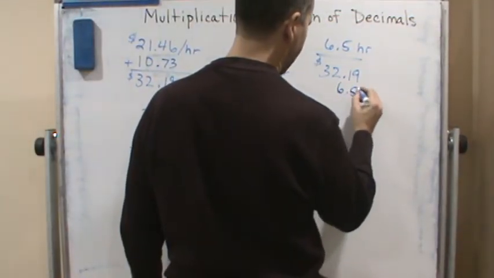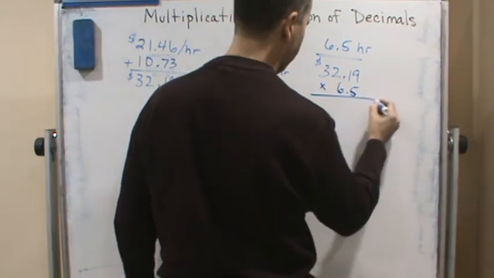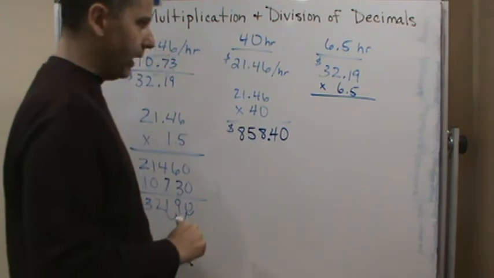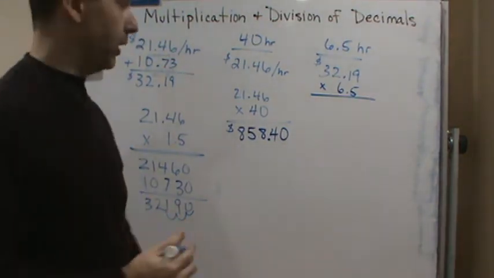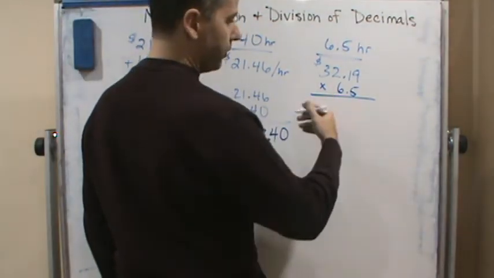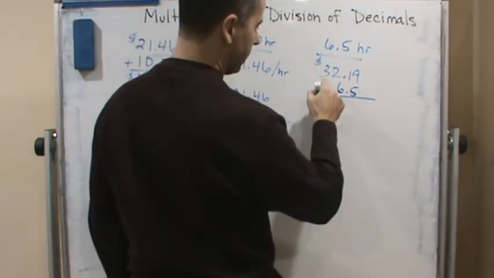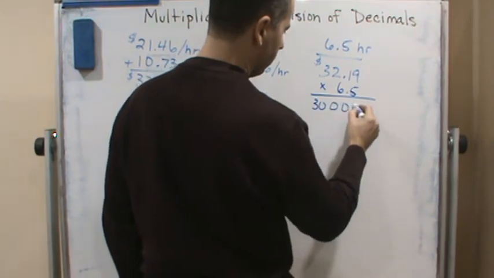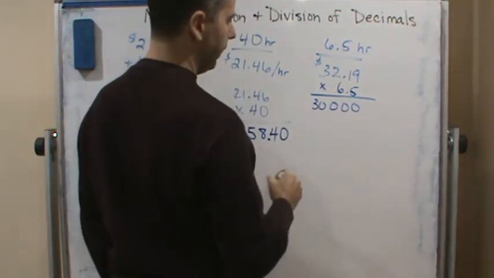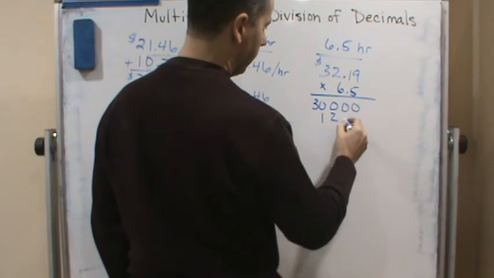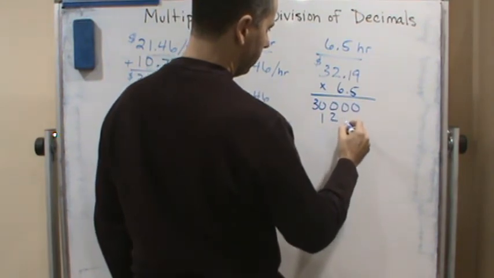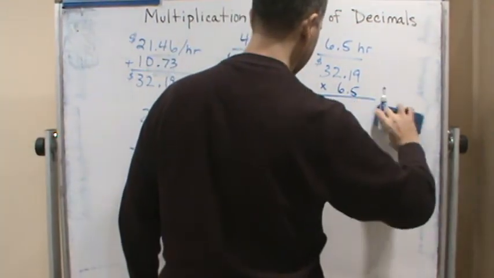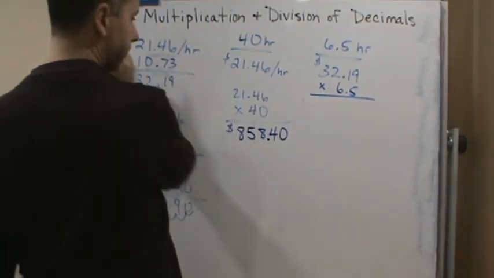And now I'm going to do this for the 6.5. Now again, I'm going to ignore the decimal points and multiply like whole numbers. Oh, hold on. Decimal points are messing me up.